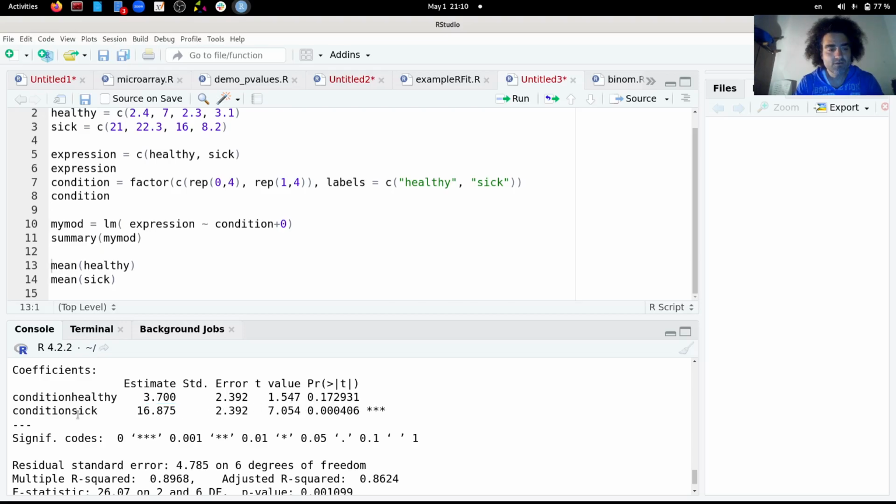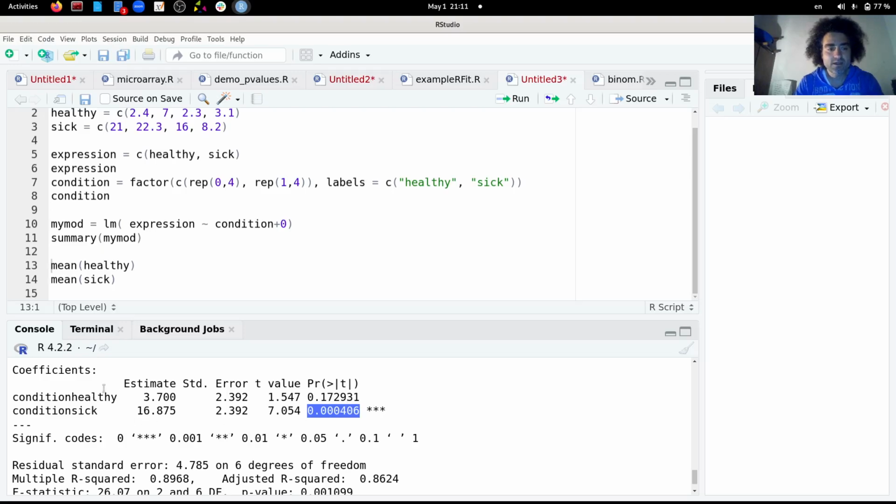And for the condition sick, the sick level, the estimation is 16.875, and the p-value assigned to that is 0.000406.